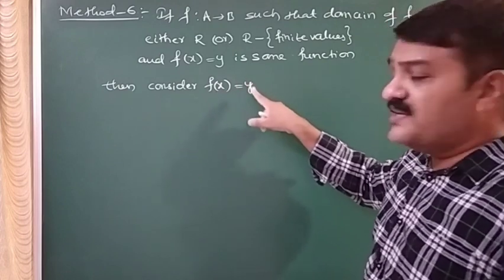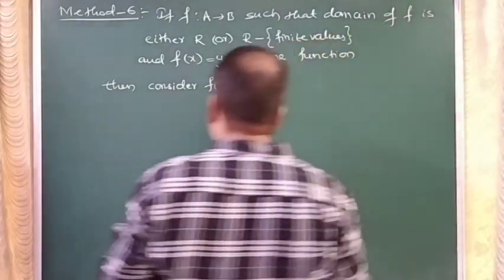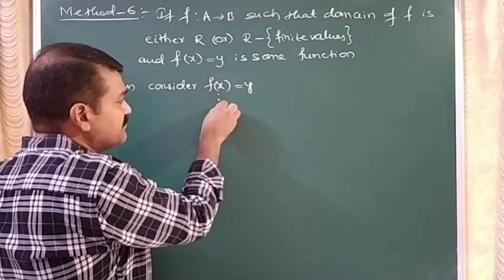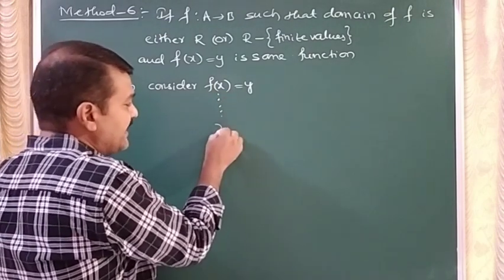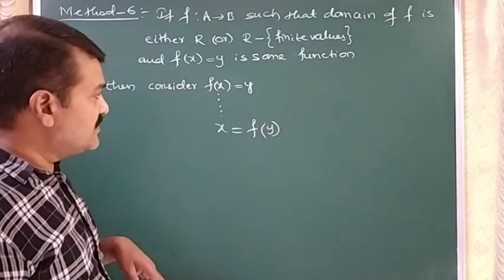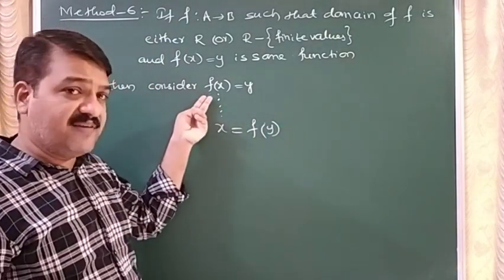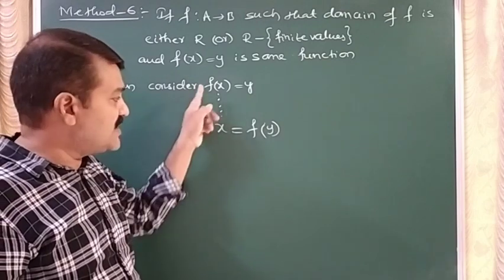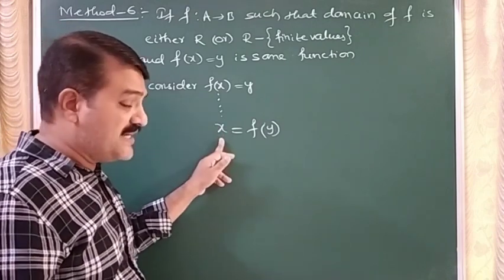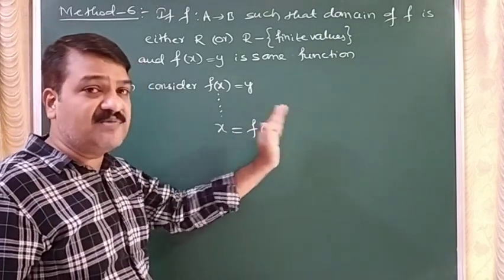So consider the given function and try to write x in terms of y. On simplifying this given function, try to write x is equal to a function in terms of y.